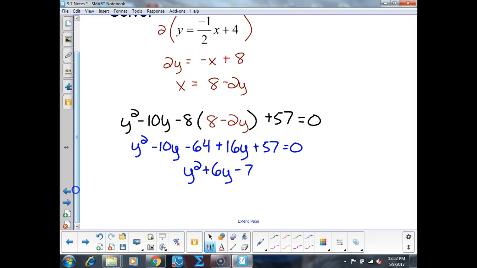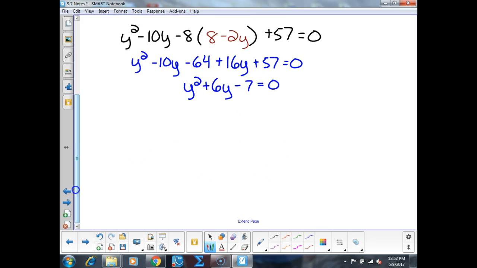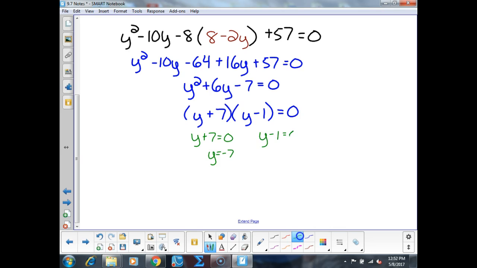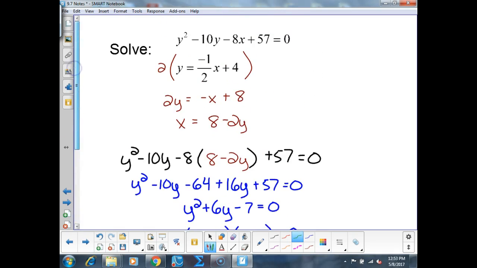No. 3, 6, 7, yep. Equals 0. I get y plus 7 and y minus 1 equals 0. Then we got to go back up here and we got to substitute.